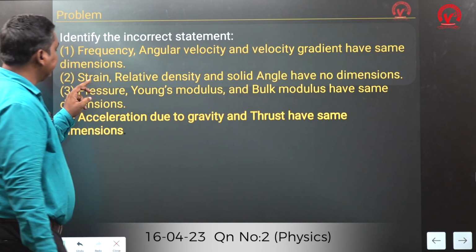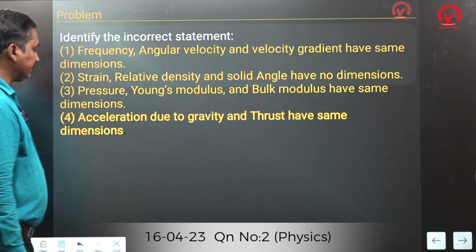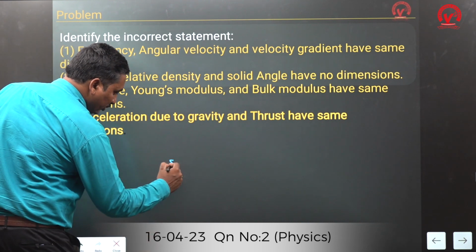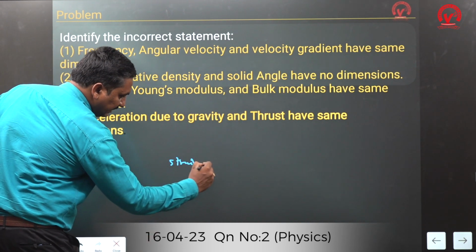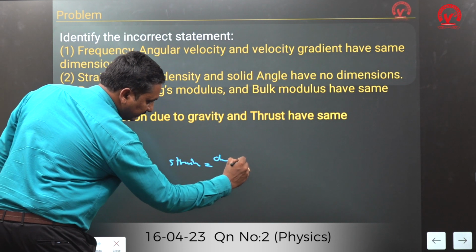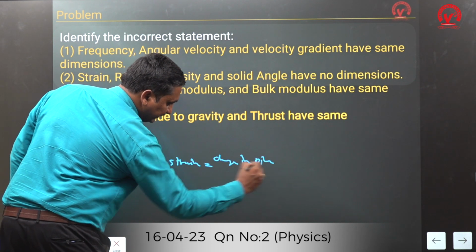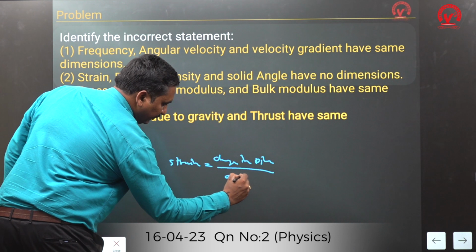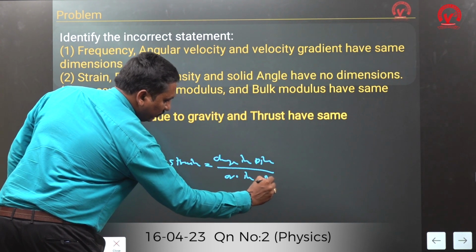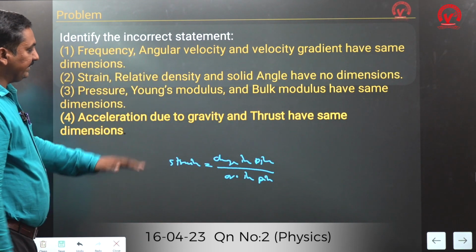And next, second option, strain. Strain means change in dimensions by original dimensions. In this we have the same parameter in numerator and denominator.